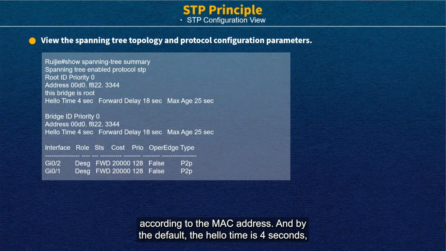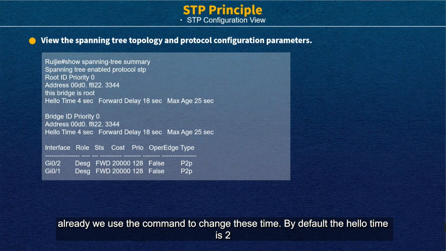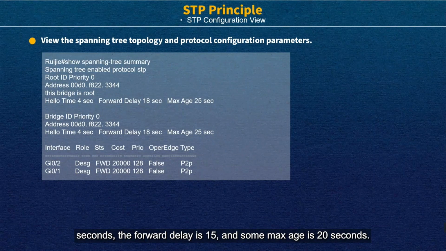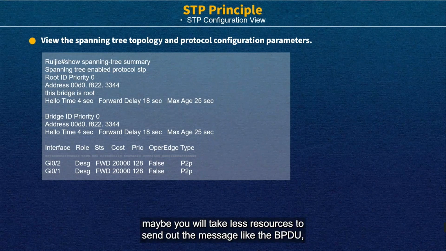Here the hello time is 4 seconds, the forwarding delay is 18 seconds, and the max age is 20 seconds. That's because we already used commands to change these timers. By default, the hello time is 2 seconds, the forward delay is 15, and the max age is 20 seconds. In your network, if you make the time bigger, you may use fewer resources to send messages like BPDUs.